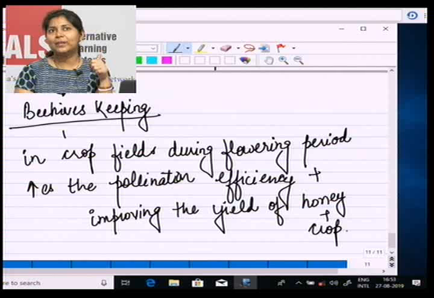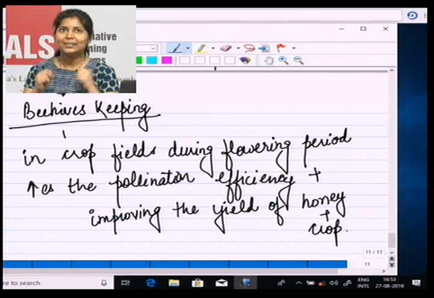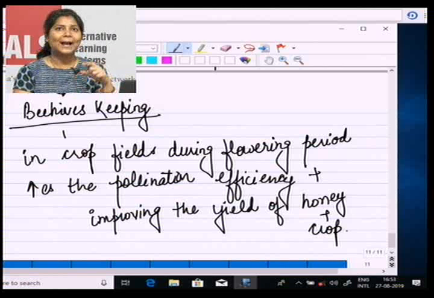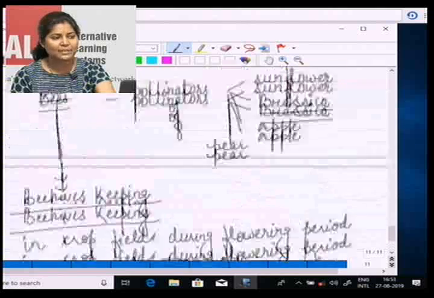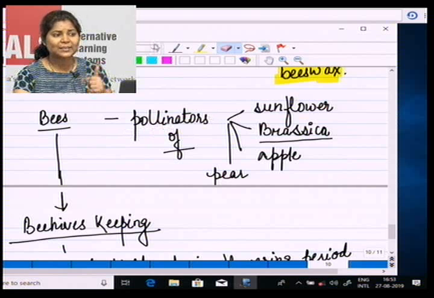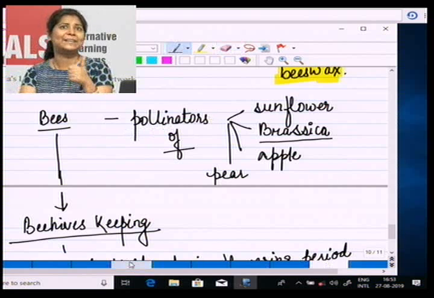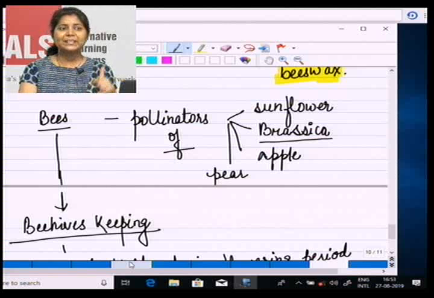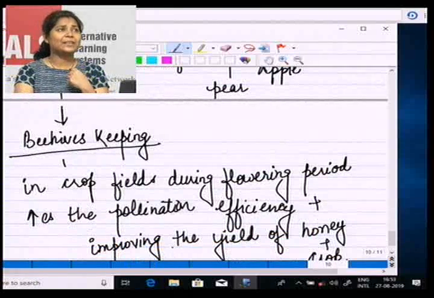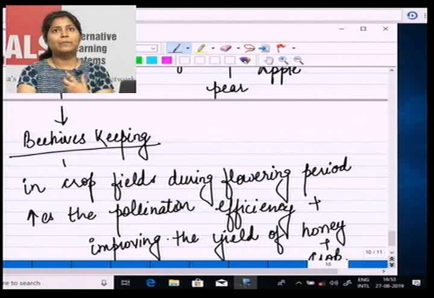How? You are going to get good honey because your crop fields have lots of flowers, and those flowers give you lots of nectar. Lots of nectar means obviously lots of honey, so you will have a good honey yield. As for the yield of the crops, bees are the pollinators of these plants. They are very important in the ecosystem as pollinating agents. So the yield of these plants also increases, because more pollination means more fruit formation.